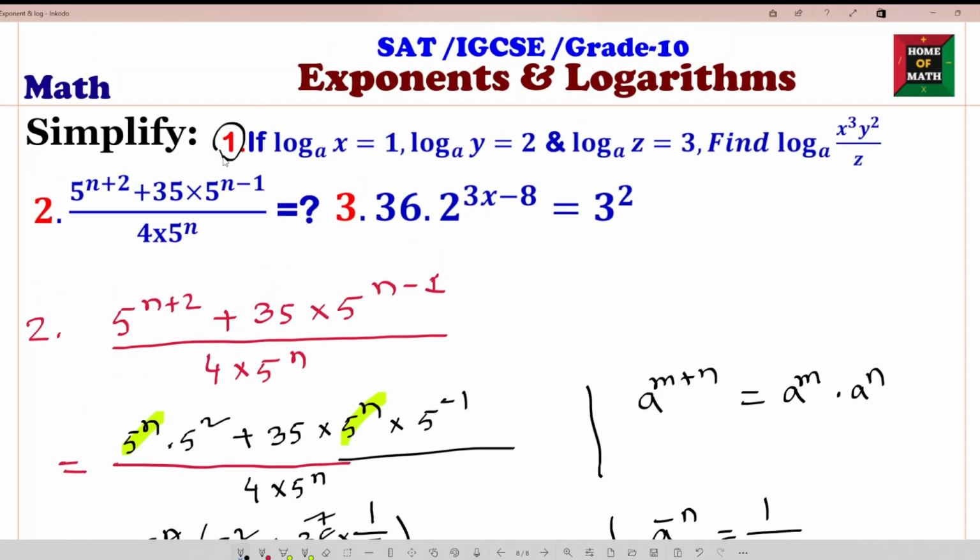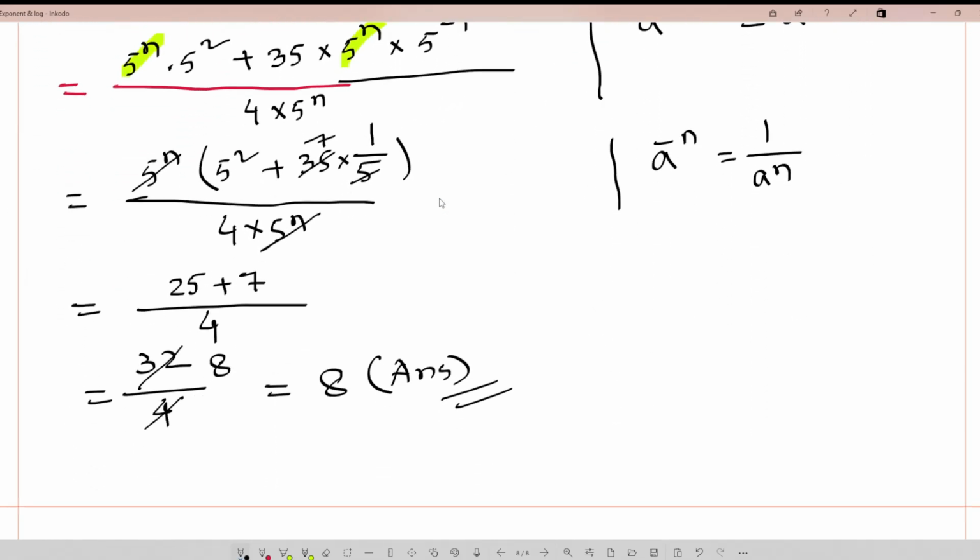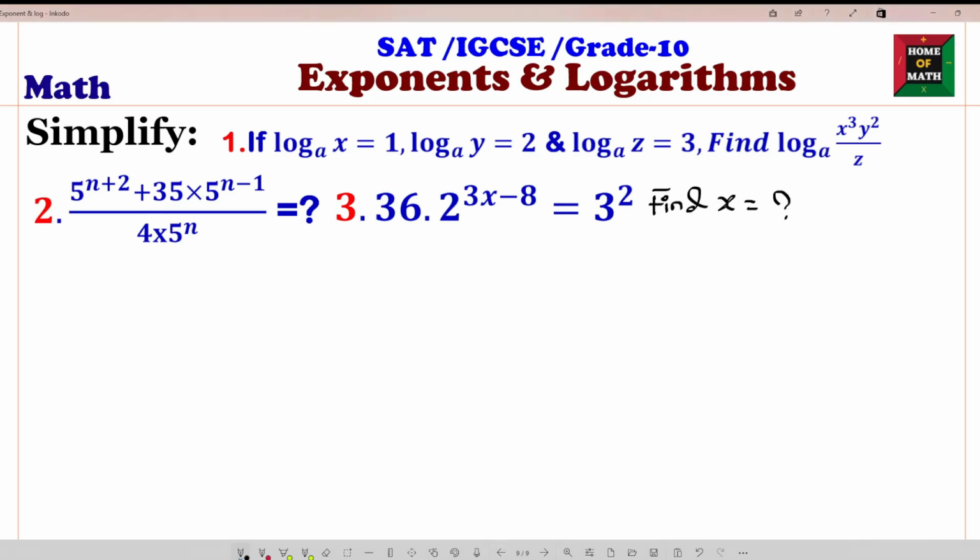So number 1 and number 2 are done. Now our final question, today's number 3. 36 times 2 to the power 3x minus 8 equals 3 squared, right? And from this equation we will find the value of x.